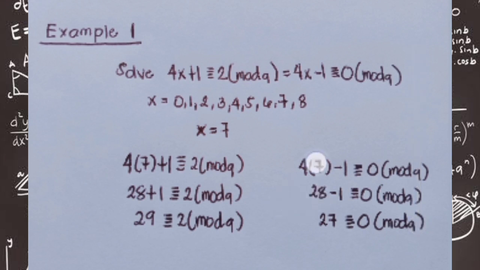Another is 4 times 7 minus 1 is congruent to 0 modulo 9. 28 minus 1 is equal to 27, congruent to 0 modulo 9.